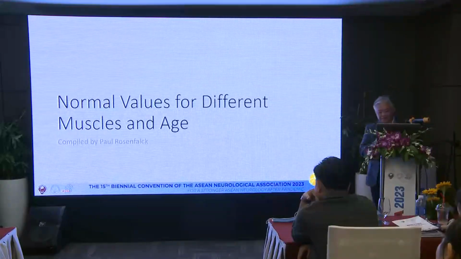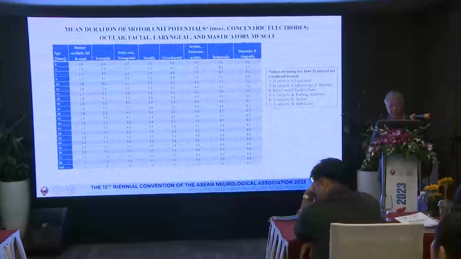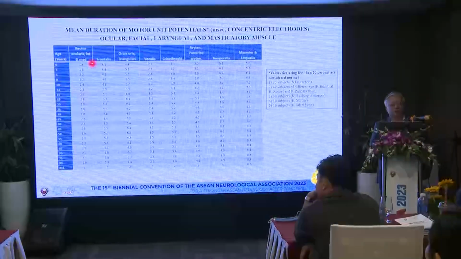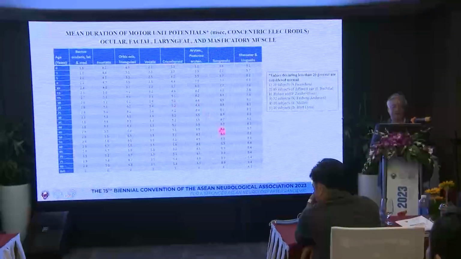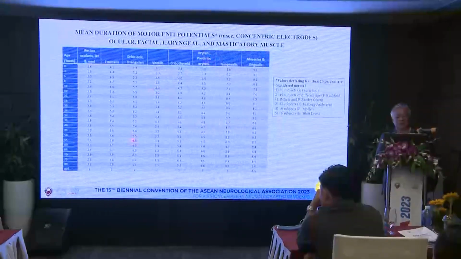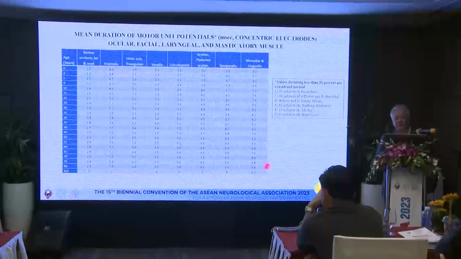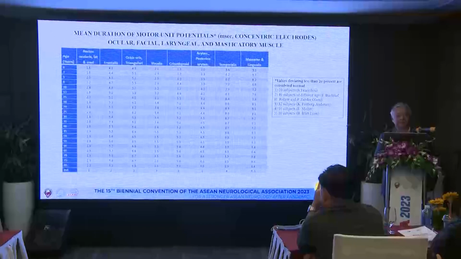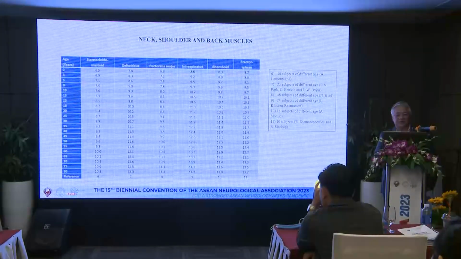So the table here is for normal values of different muscles and ages, and you can see that as you grow older, your duration increases and your amplitude pretty much remains the same. And here is for the facial muscles, and you can see the name of the muscle across the board. The references are at the bottom. And here's the neck and shoulder and back muscles.